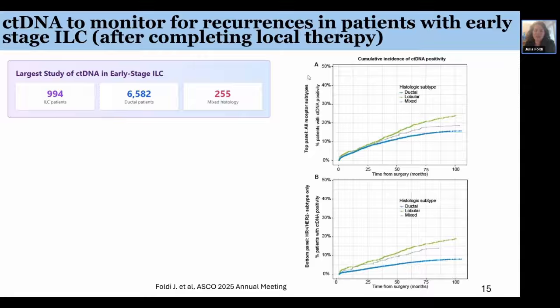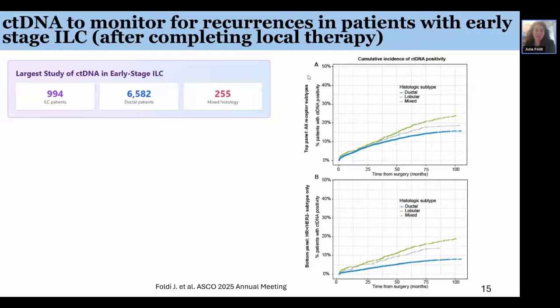So we again did a study together with Natera that included almost 1,000 patients with ILC and over 6,000 patients with ductal breast cancer, as well as 250 patients who had mixed ductal lobular cancers. These were patients whose physicians sent Signatera testing as part of usual practice. So they were not in a research study, but we were able to look at their de-identified data in aggregate.